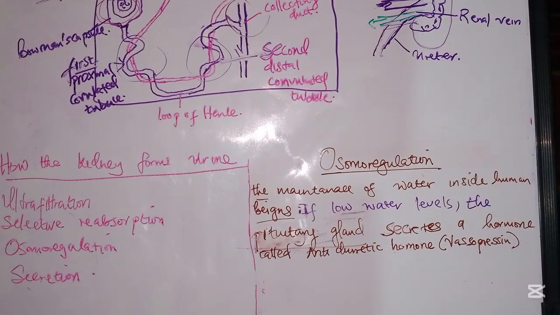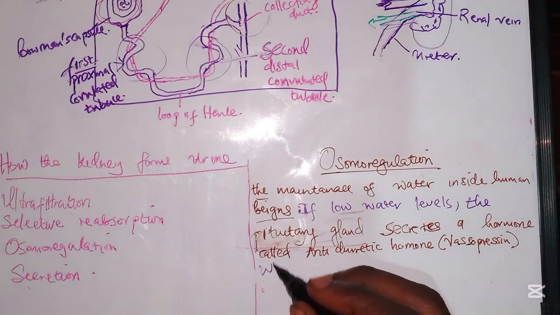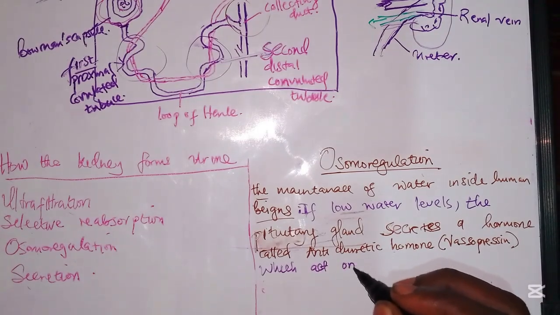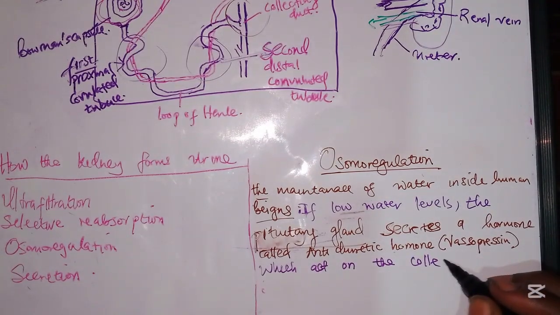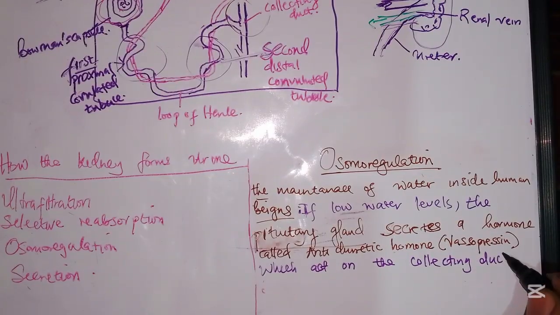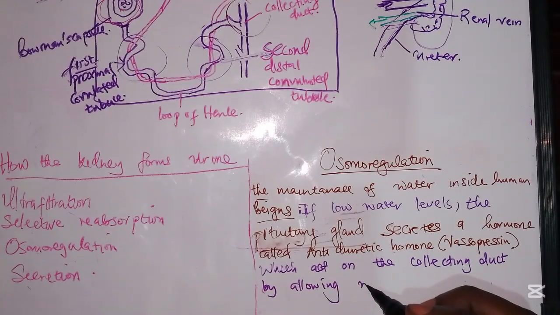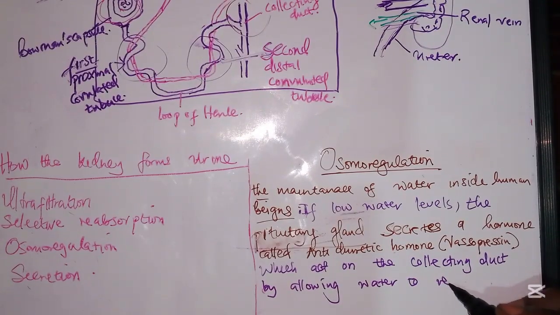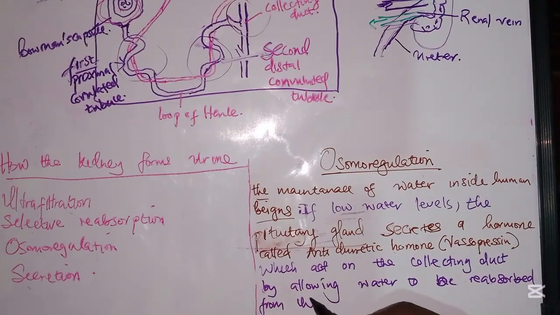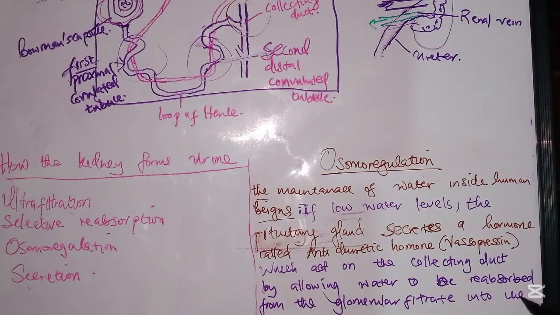A hormone called antidiuretic hormone, which acts on the collecting duct by allowing water to be reabsorbed from the glomerular filtrate into the bloodstream.